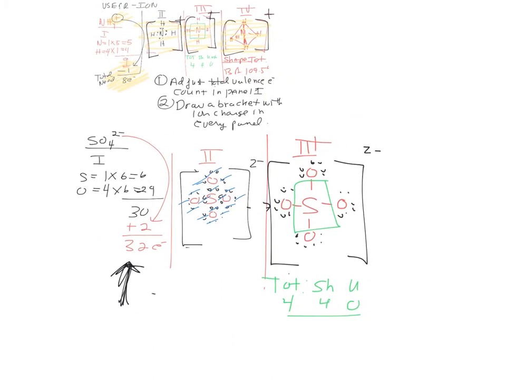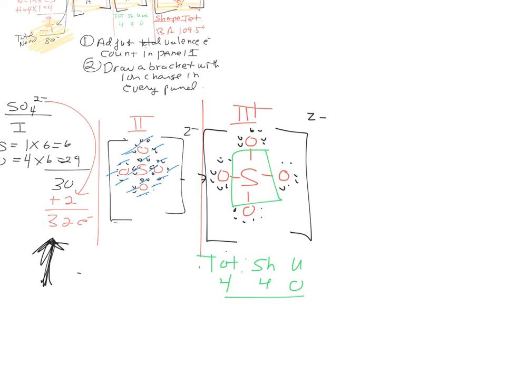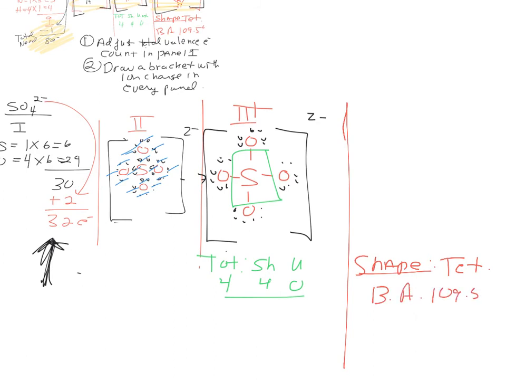And by this time, hopefully you know that a 4-4-0 shape is called a tetrahedral. And the bond angles on a tetrahedral are 109.5 degrees.